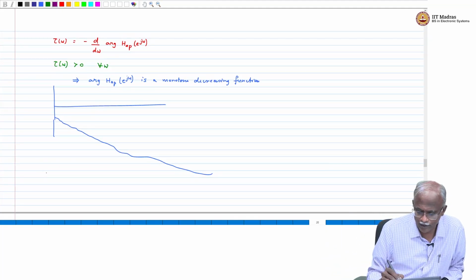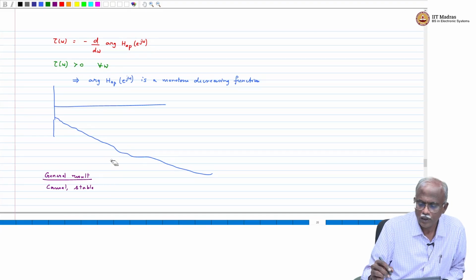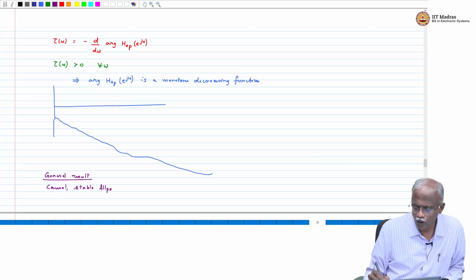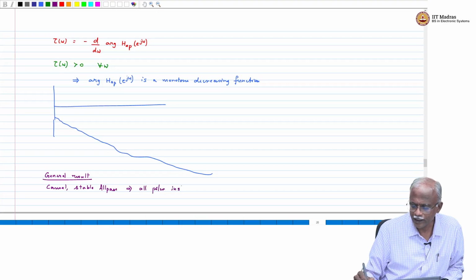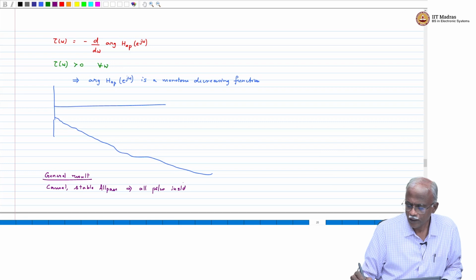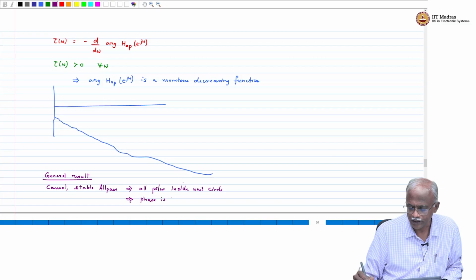So here is a general result. For a causal stable all-pass system of higher order, with all poles strictly inside the unit circle, this also means that the phase is monotone decreasing.